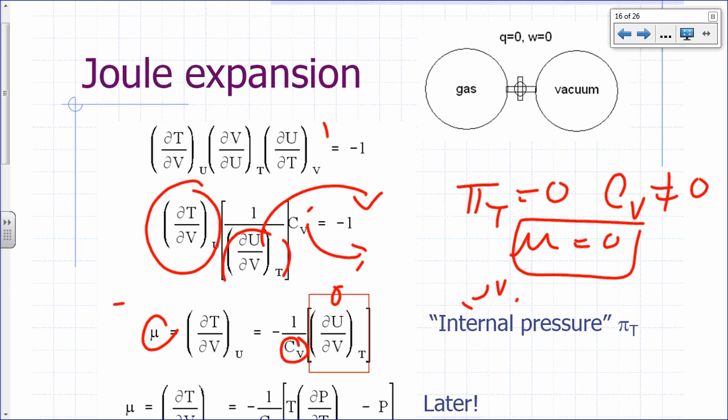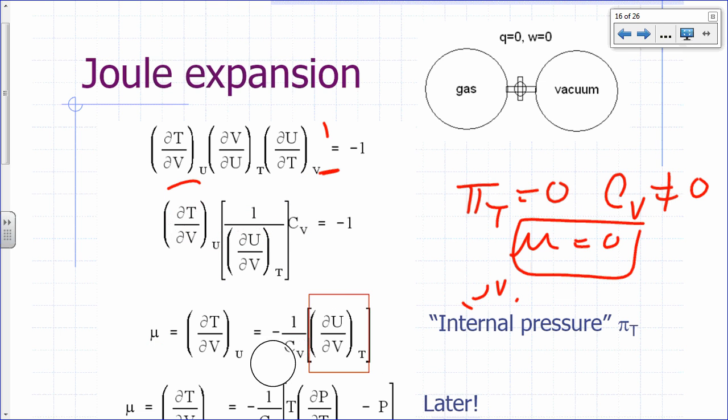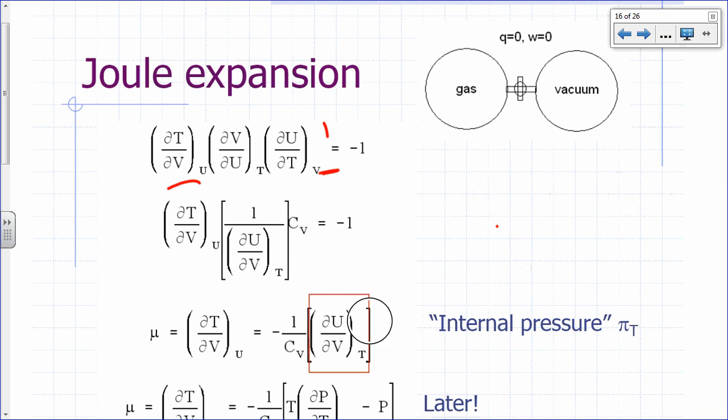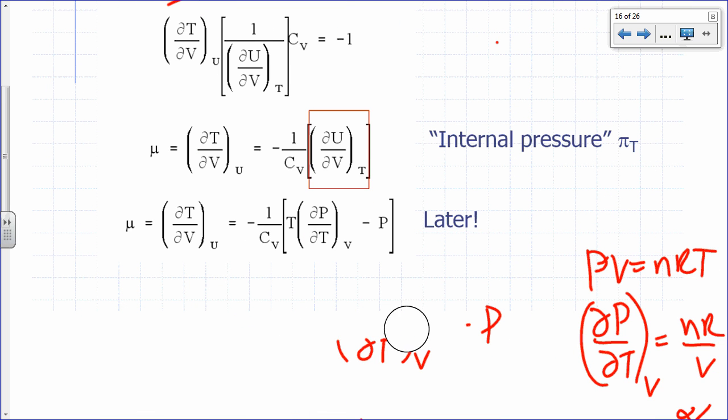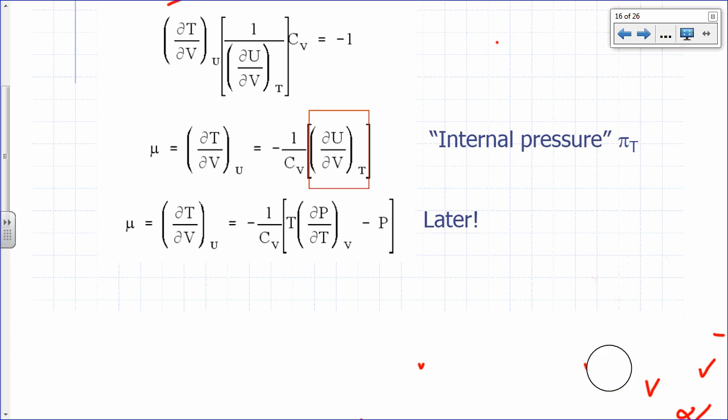Now, real gases will have a non-zero mu, but typically it's very small and difficult to measure. But now you don't have to worry about measuring it, because you can solve for it from the equation of state, from alpha and kappa. So what would be mu for a van der Waals gas?